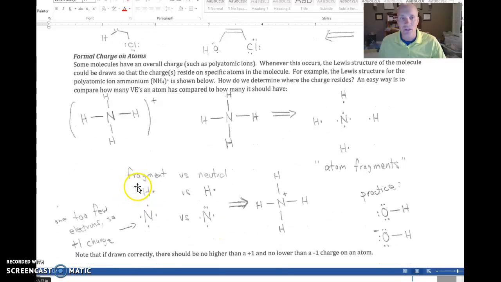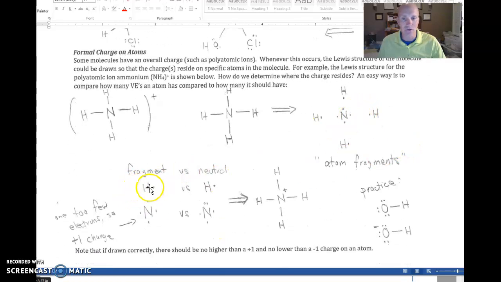All right, so when I'm taking this right here, there's only 2 types of fragments. There's the hydrogen fragment and that nitrogen fragment. All right, so if we compare that hydrogen fragment to what we know a neutral hydrogen should have, notice that the fragment has the exact same number of dots as the neutral atom.